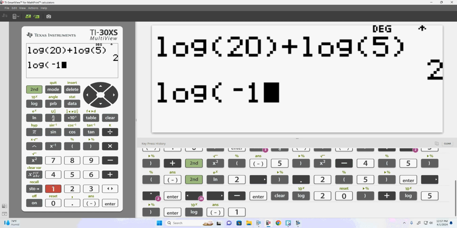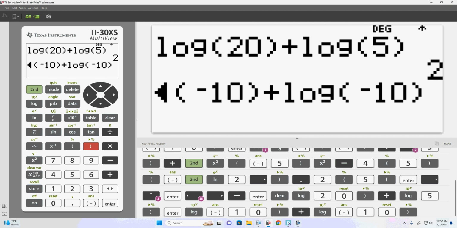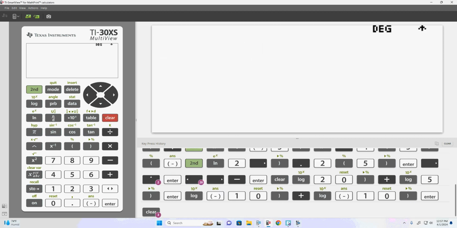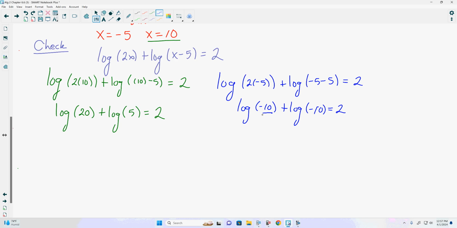Log of negative 10 plus log of negative 10 is domain error. We cannot have a negative number inside our log. So our 2 times negative 5 gave us negative 10. We can't have that negative 10 inside the log. And the same for our negative 5 minus 5, because the number that we ended up with in both of these cases was negative 10. It means the value of x cannot be negative 5 for this here. It has to be 10.